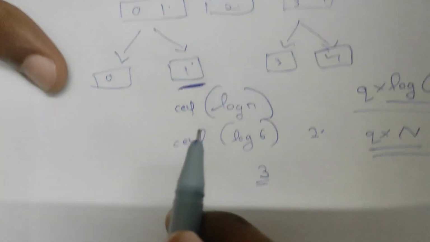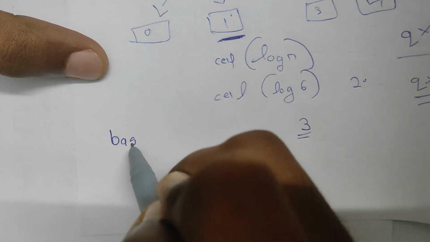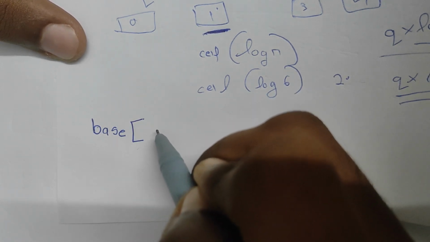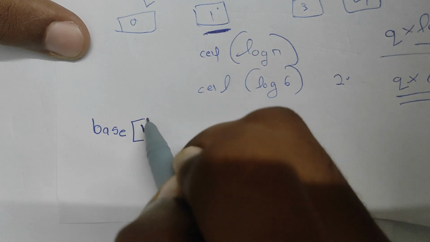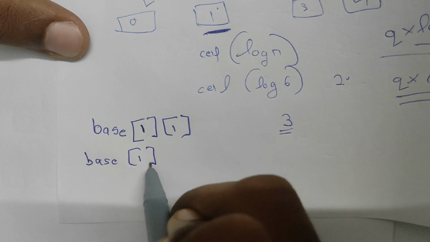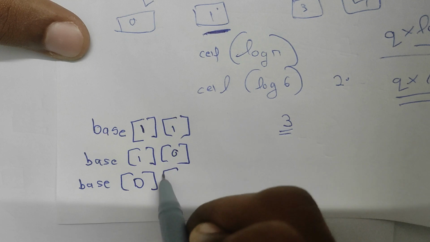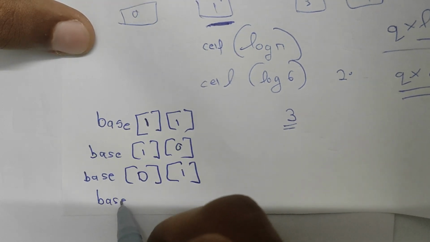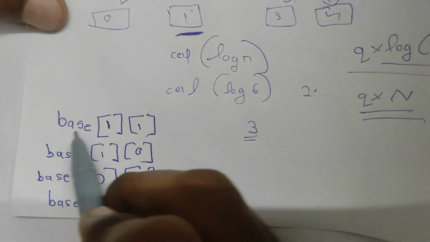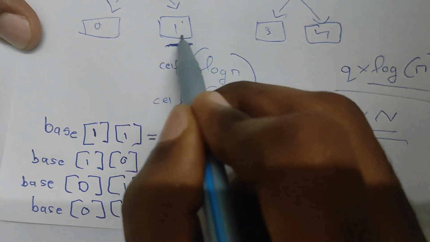And what will happen in this particular base condition? Suppose we name this as base. There can be four possibilities, right, for this base condition: base of 1 1, base of 1 0, base of 0 1, base of 0 0. These are the four possibilities. In base of 1 1, we equate this as the value of this particular node.